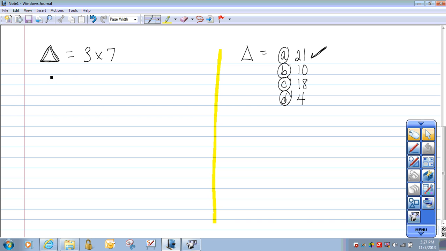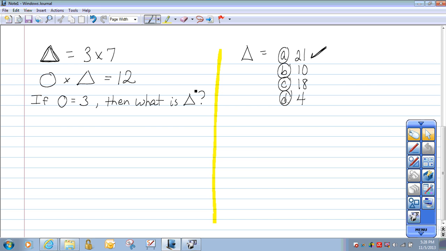What if we have two symbols? Let's say we have a circle and a triangle. And the circle and the triangle are equal to 12. Okay? If the circle equals 3, then what is the triangle?